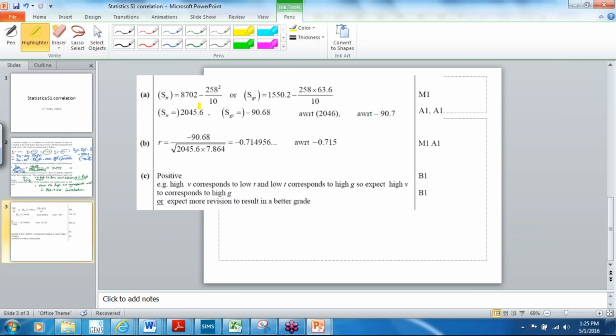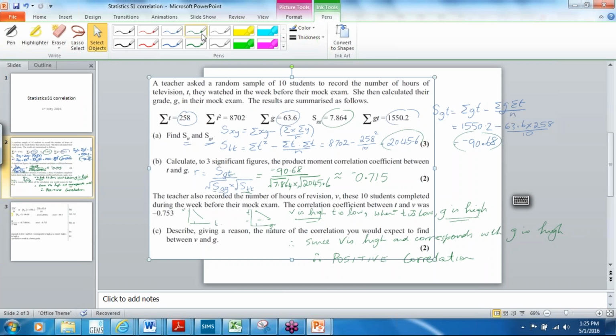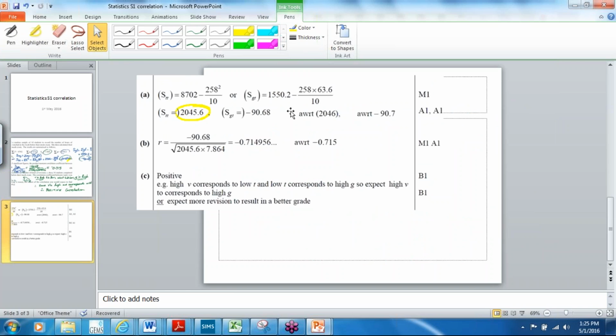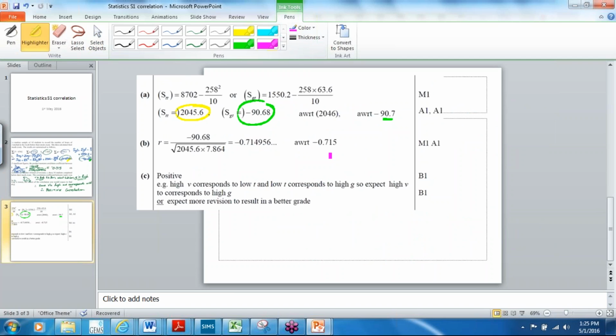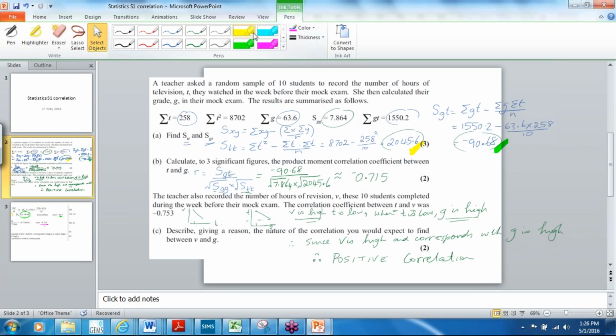We had 2045.6 for S of TT, and we've got a negative 90.68, or they've accepted negative 90.7, and our correlation coefficient of negative 0.715, and we've got negative, okay, good.